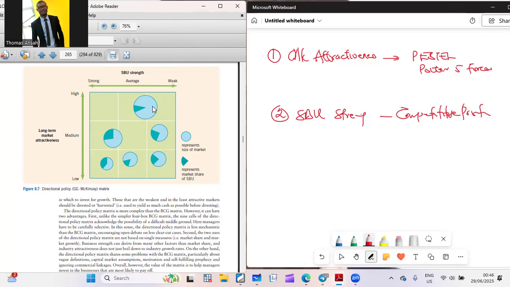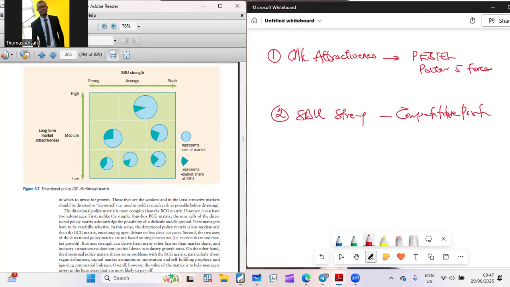You hold. All right. So here also, what do you see? You have the market share of the SBU, look at it. If this represents the size of the market and you are having this share, what does that tell you? There is more room for growth.